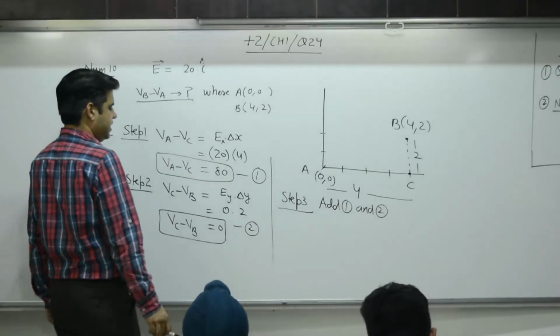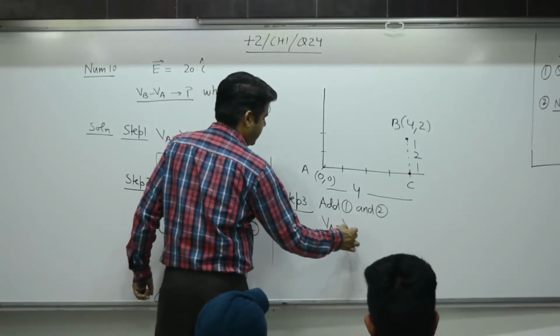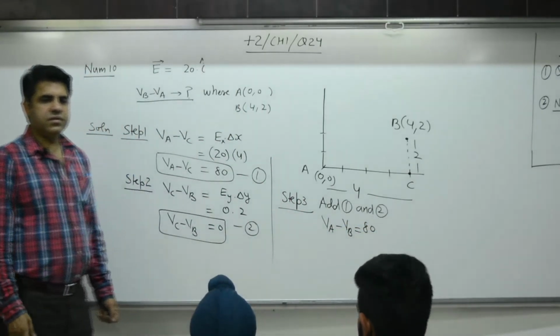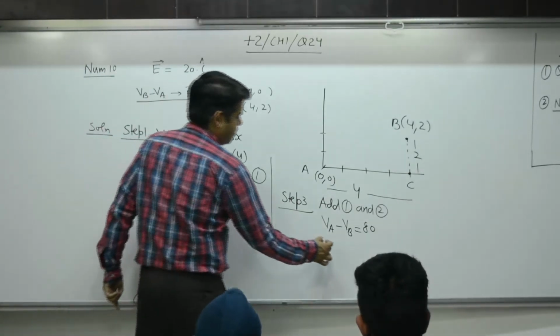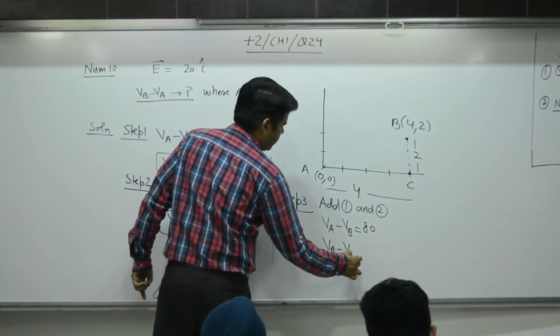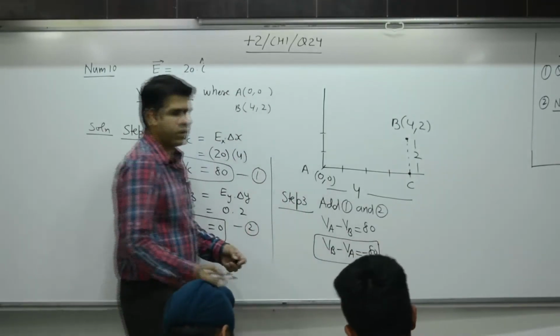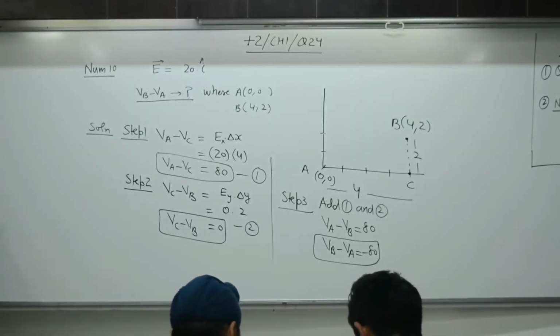What you get is, Vc is cancelled. Va minus Vb is equal to 80. But what you are looking for is not Va minus Vb, but Vb minus Va is equal to minus 80. So the answer to first part is minus 80.